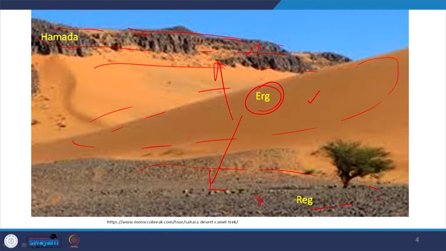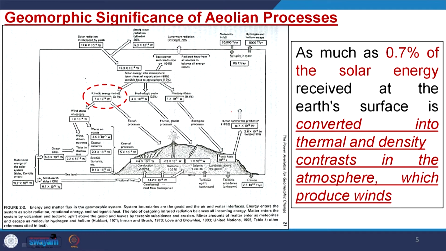So, if we consider the energy involvement in a geomorphic system, we know from our earlier classes, when we were talking about energy and mass distribution, that the sun is the ultimate source of energy for all these geomorphic processes.